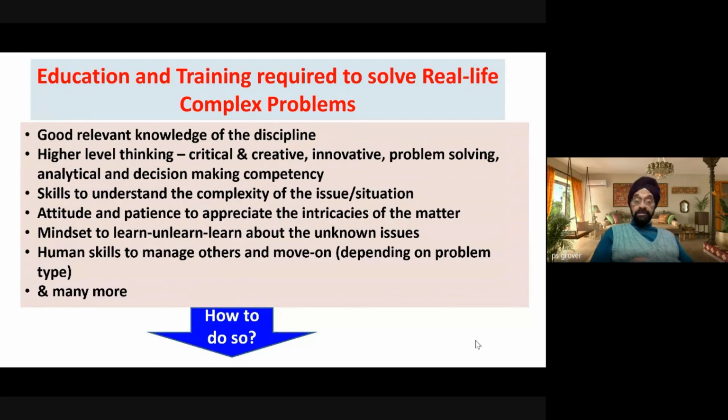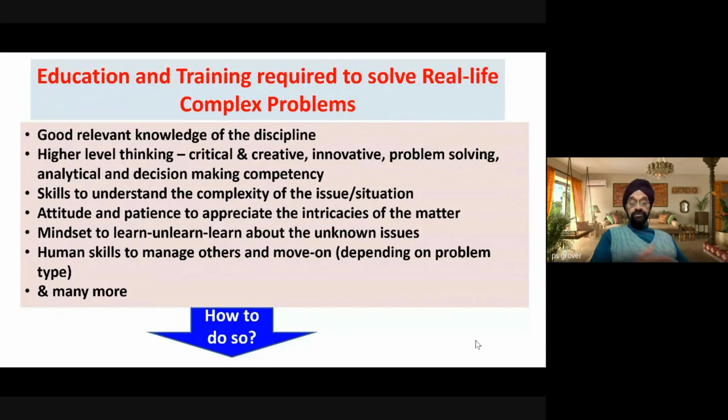Let's take the case of a smart campus. In a smart campus, there are so many variables and so many constraints. So understanding all that becomes a big challenge. Many times we need an appropriate attitude and patience to appreciate the intricacies of the problem.